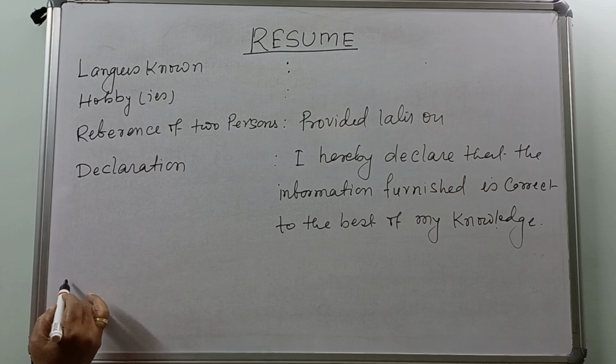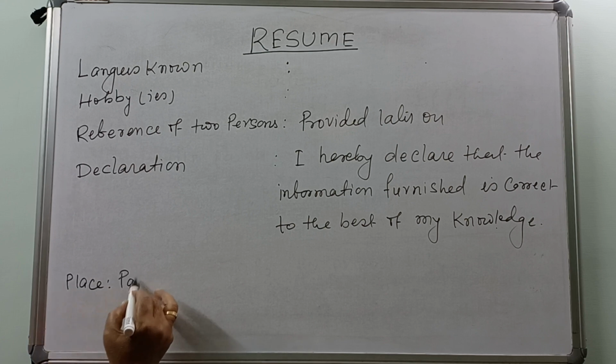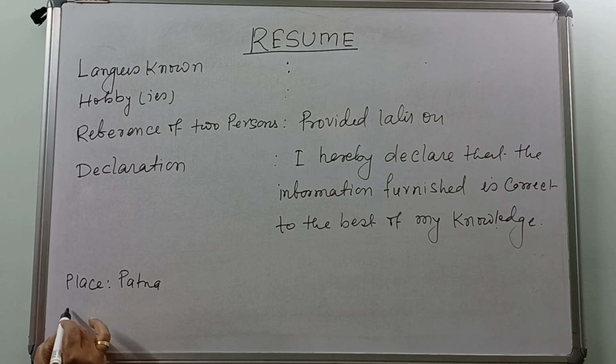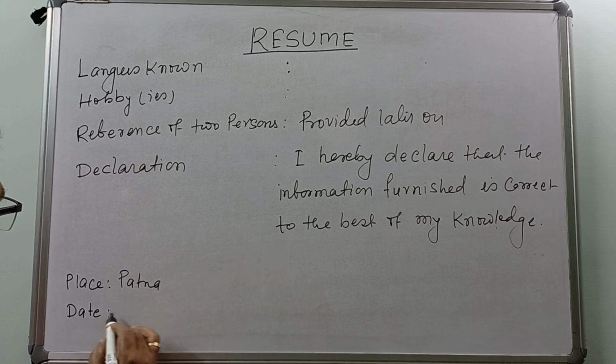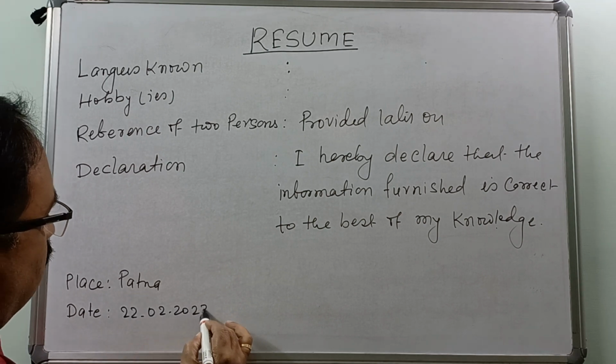So to this side, here you should write place Patna, and just below you should write the date. Date, it means the date when you put your signature and submitted your resume. And so here the date is 22 to 2020.